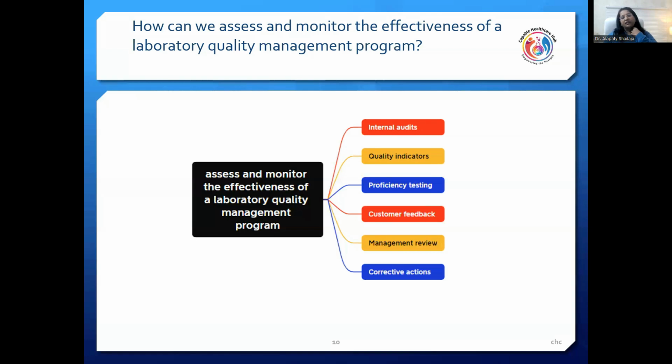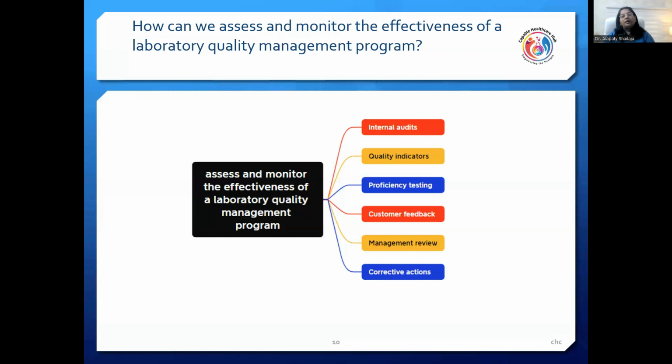Every bit of it is what they have to look into. And there are some criteria which auditors have to follow. These criteria have to be met and they have to be properly trained. Only then can that internal audit be effective.